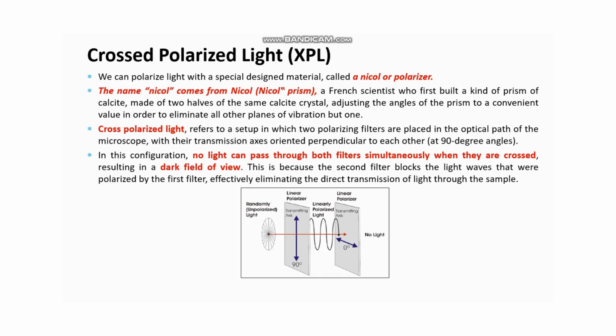Now the second polarizer, which is crossed, will block that light which passed the first polarizer, which was in the north-south direction.